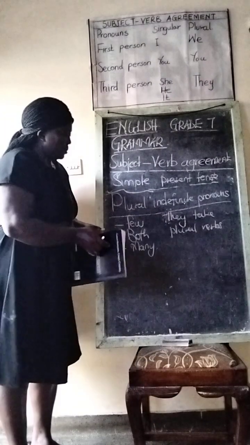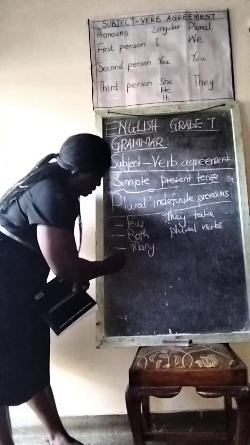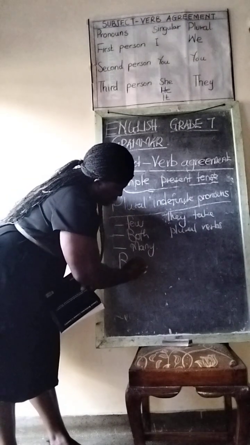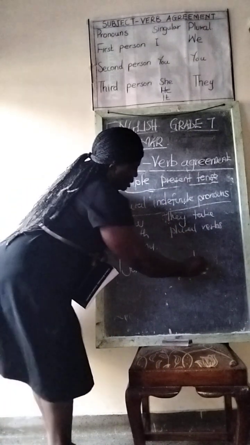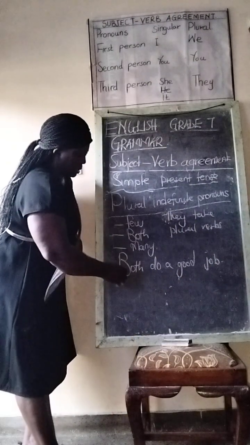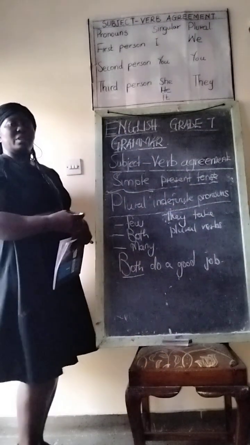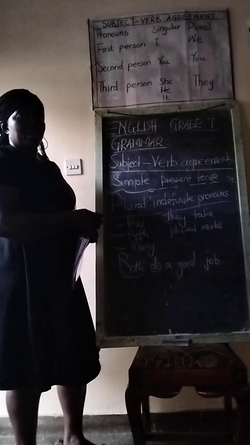For example, you can say both do a good job. Both do a good job. In this case, both is the plural subject, and do is the plural verb.